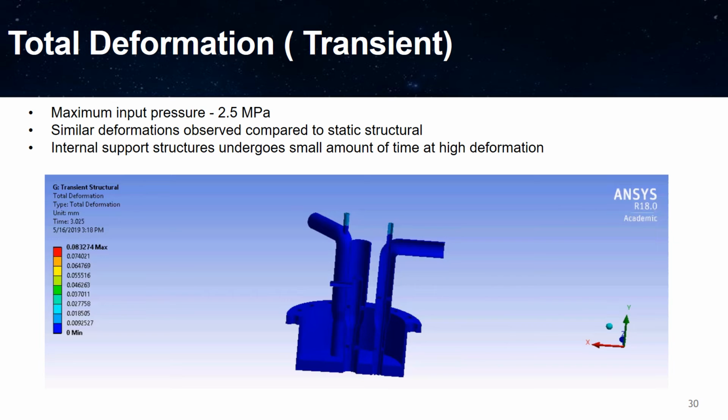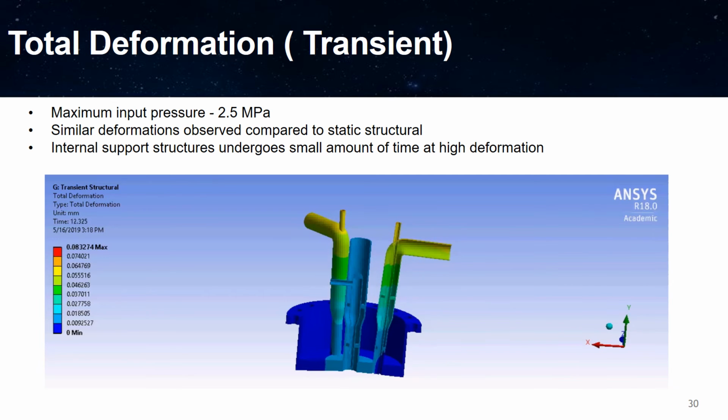But if we look into total deformation on transient, we can see that it has a similar kind of deformation, not very high, but the internal structures undergo similar deformations as well, compared to the static structural ones. So we do need to look into reinforcing the structures.